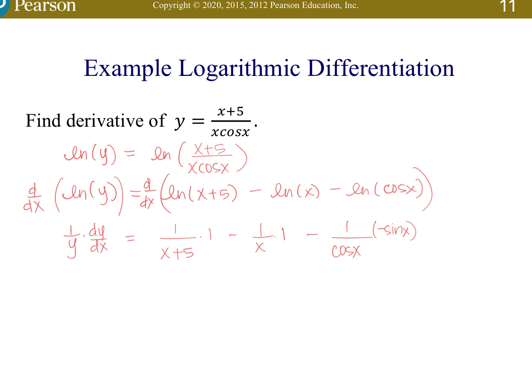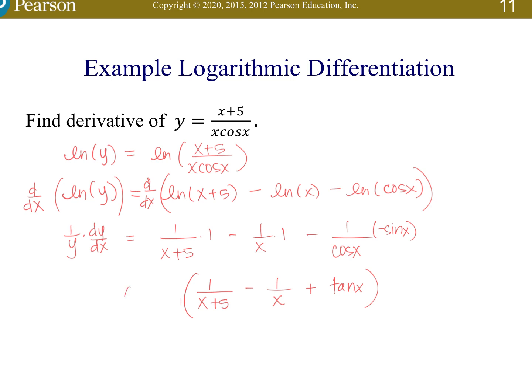So a lot of the 1 overs. So my right side would become 1 over the quantity x plus 5 minus 1 over the quantity of x, and plus the final trig quantity, because I ended up with sine over cosine, would be the tangent of x. All of that as a quantity would be multiplied by the original y.